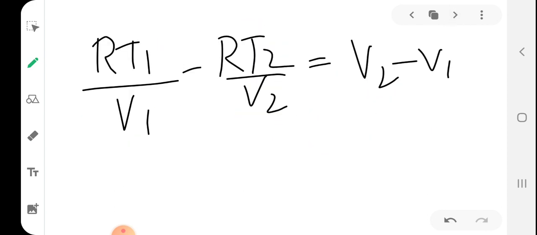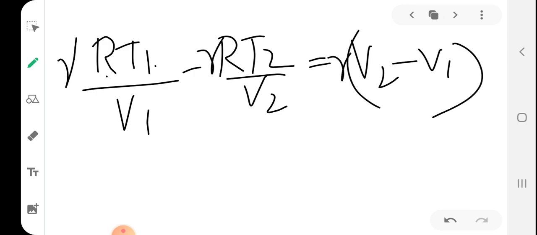Now since you have got RT1 here, if you multiply this equation by gamma, you can get gamma RT1, which is the acoustic velocity square, right? So I am multiplying with gamma on the RHS also.